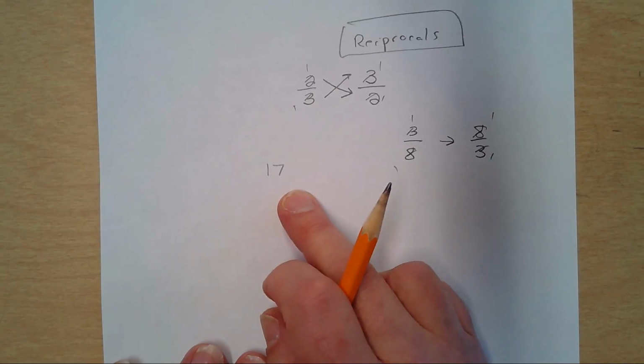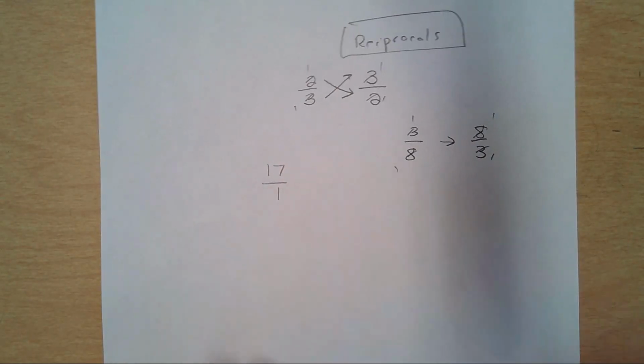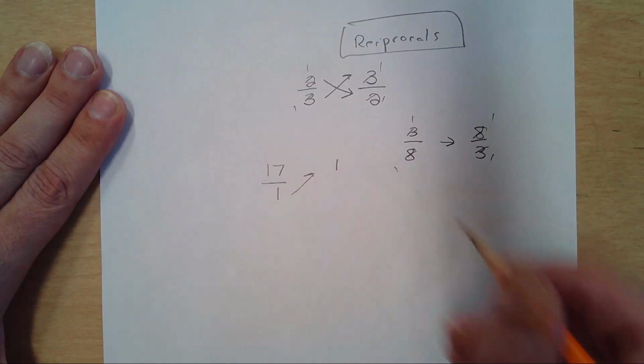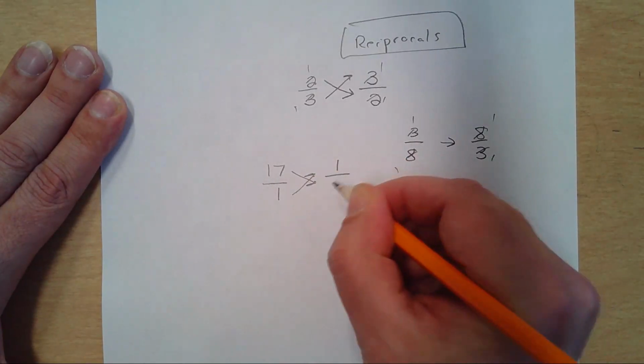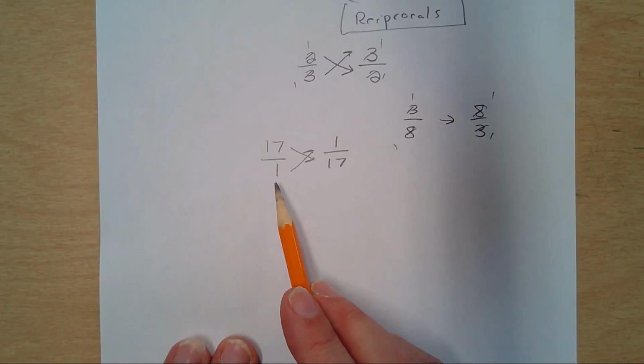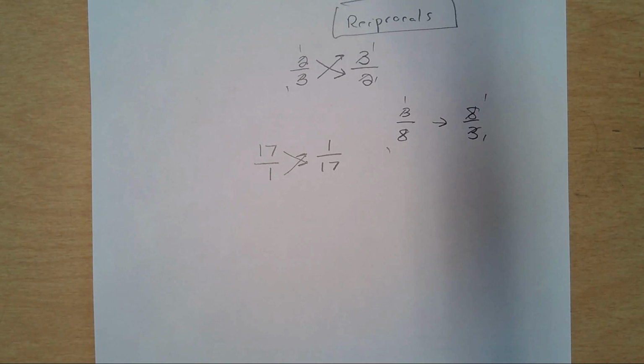Same deal here. My whole numbers, I would want to put over 1, because now if I say what's the reciprocal, I have a number on the bottom, that goes on top, and of course the 17 is moving to the bottom. So all whole numbers have reciprocals, just like before: we make it over 1, and then you can just flip it around.